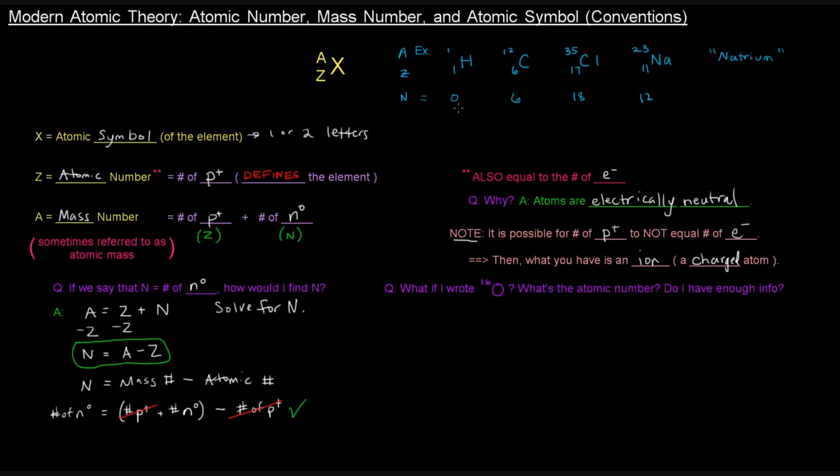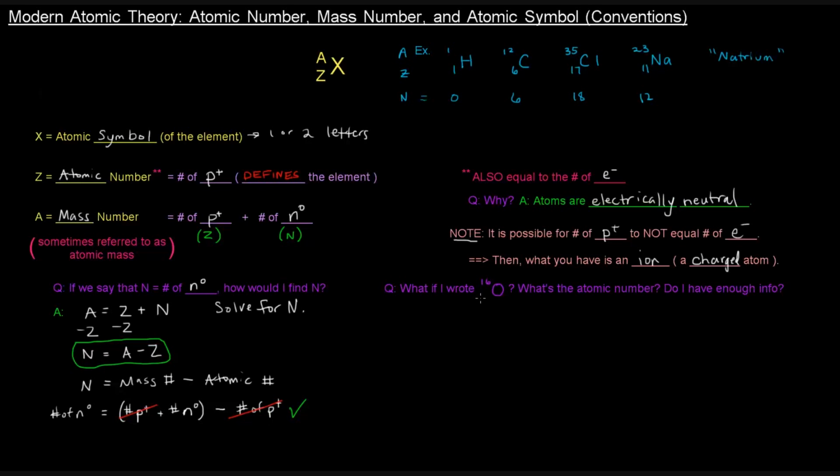Okay. Now, another question that comes up is, what if I wrote O with 16 up here? That's all I wrote. What's the atomic number? Do I have enough information to answer that question? Well, earlier we said that Z, the atomic number, defines the element. If we know what the element is, all we have to do is look on the periodic table.